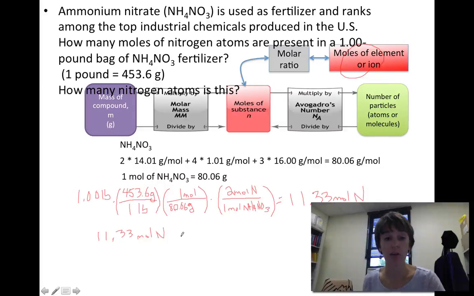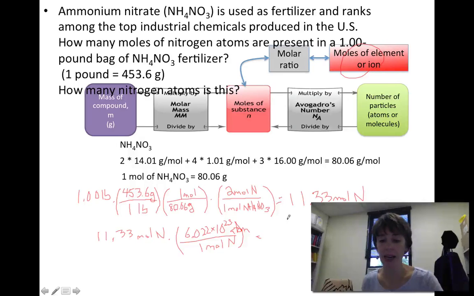If I have that many moles of nitrogen, 11.33, a mole of anything is 6.022 times 10 to the 23rd. And I just need to be careful that I'm applying Avogadro's number to the right thing. I need to make sure I'm multiplying it by the moles of nitrogen and not the moles of the compound.